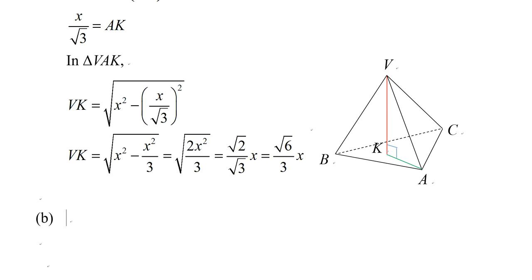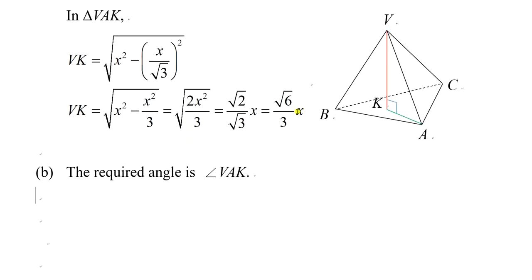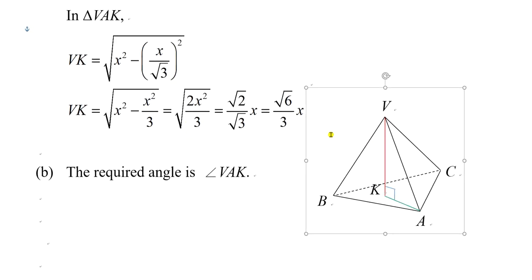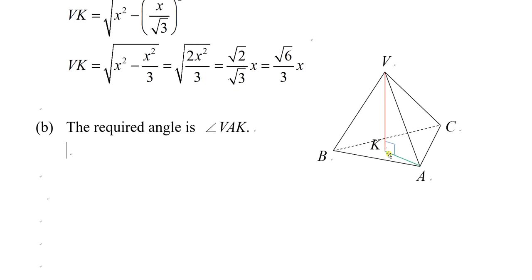So part B, you need to find the angle between VA and the face ABC. So the required angle is angle VAK actually. You can use the trigonometric ratio to find this angle VAK.